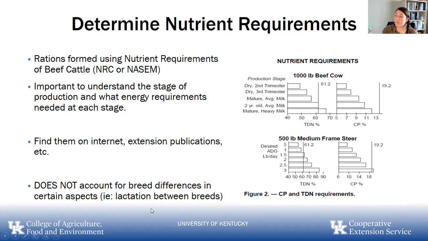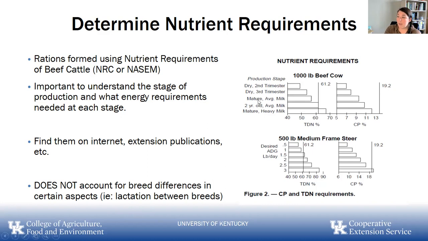So for example, let's look at this production stage. A dry cow in her second trimester is only going to need about 50% TDN. That's our energy. And she's only going to need about 7% crude protein.